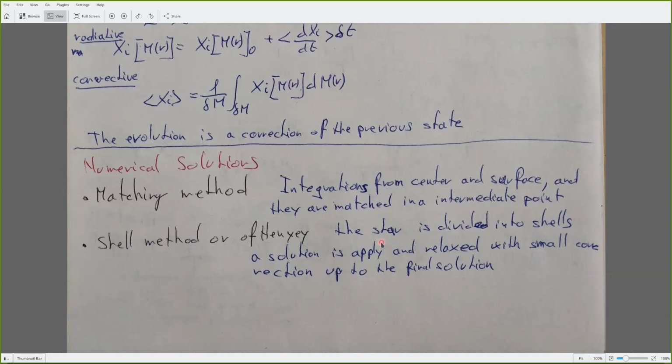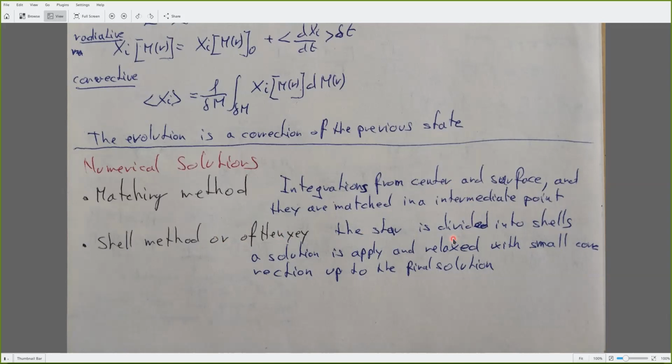The other method, quite similar, is the shell method, where you divide the star into shells. You apply the equation to each shell, apply a small correction, and relax it to the final solution.